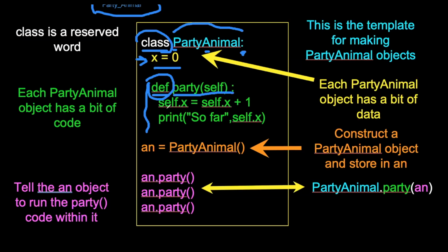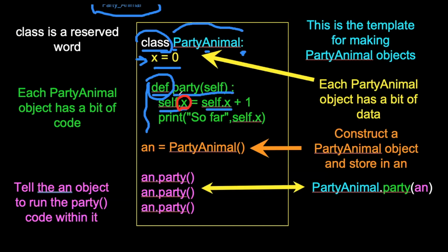Now, self.x. Remember, every time you want to invoke or send a message to an object, you use the dot operator, right? So self.x means I want to refer to this x property. Inside this method, how do you refer to itself, the self that contains this method?